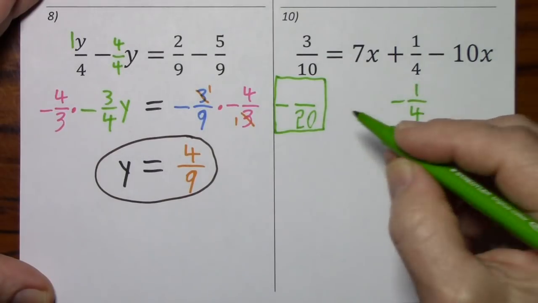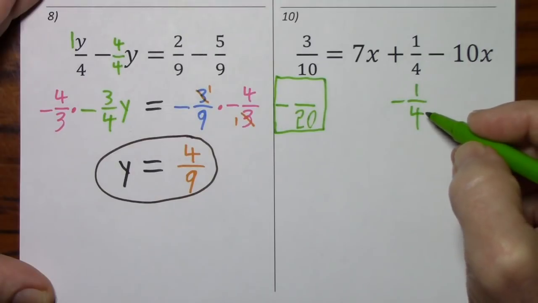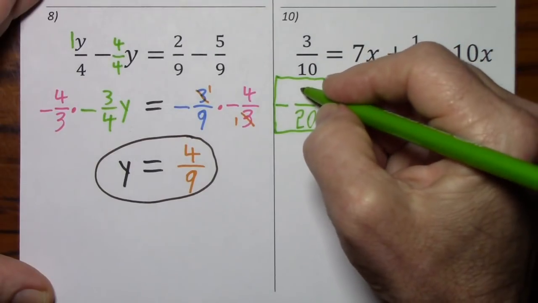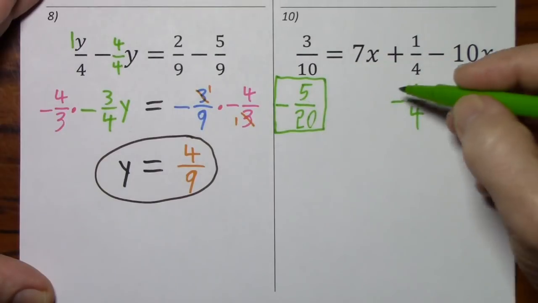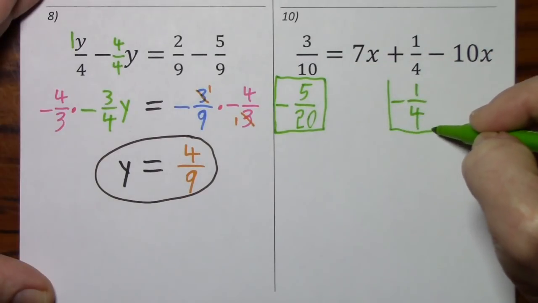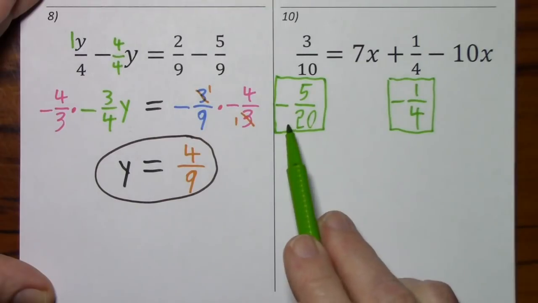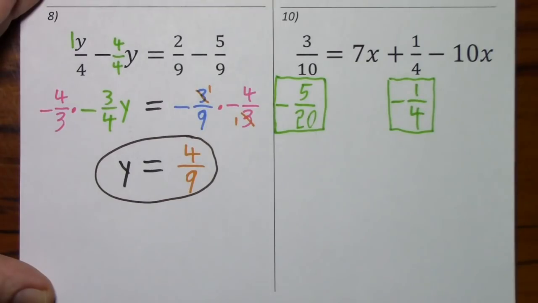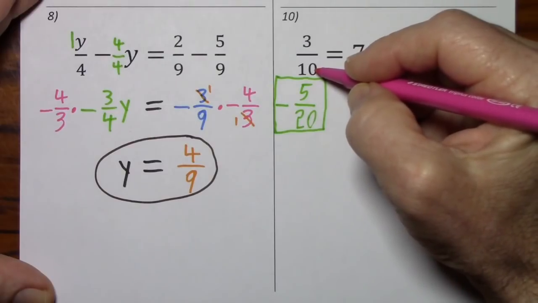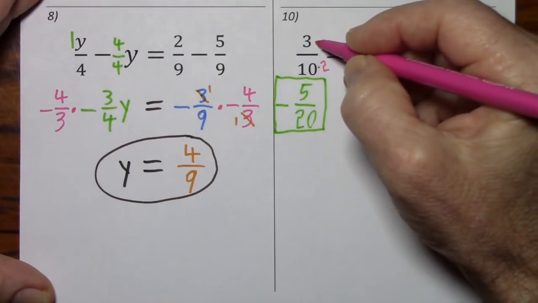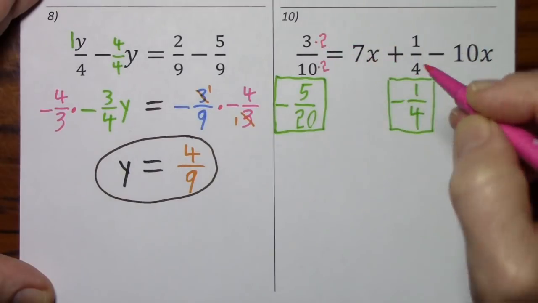To get from 4 to 20, multiply by 5, multiply by 5. So negative 1/4 is the same as negative 5/20. Now just to emphasize, this is still a 10, so I would need to multiply by 2 and multiply by 2.